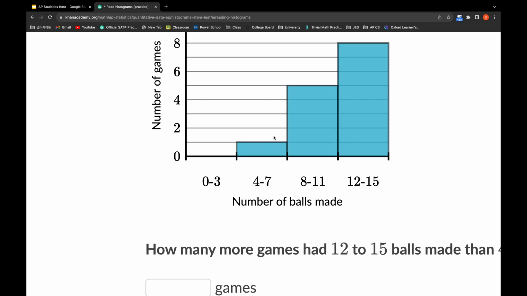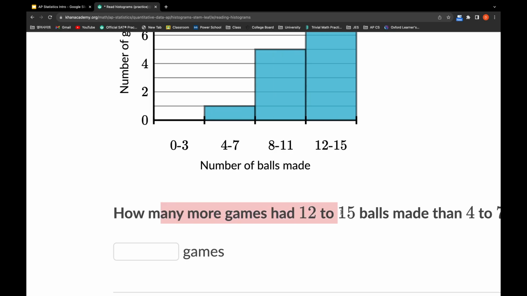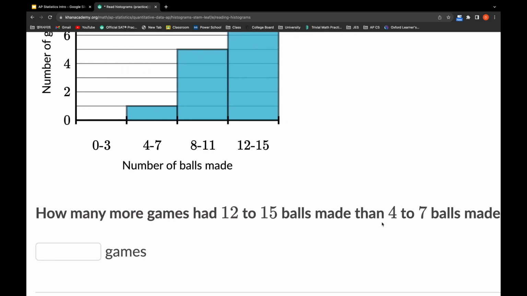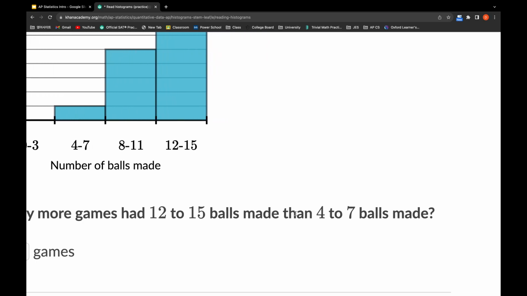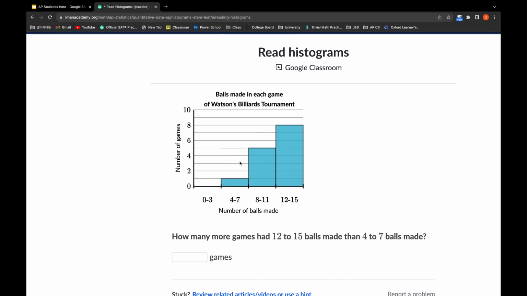Oh, this one luckily they didn't provide just numbers. They provide us the range of the number of balls made for each game so that we might not get confused that easily. So it says how many more games had 12 to 15 balls made than 4 to 7 balls made. Oh, so this is a comparison problem for histogram bar graph.